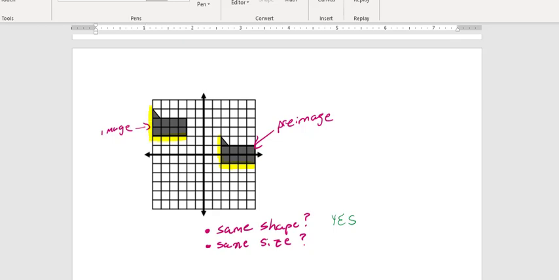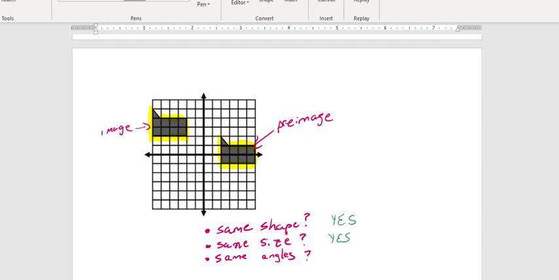So looking at those corresponding parts, like what we did in the first lesson, here's 3, here's 3, here's 2, here's 2. All pairs of corresponding parts are the same, which means that the image and the pre-image are the same size. It's a little bit tougher to tell, but in different instances we might ask ourselves if it has the same angles.